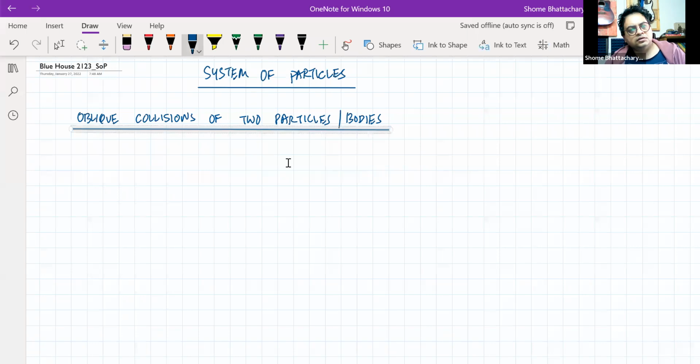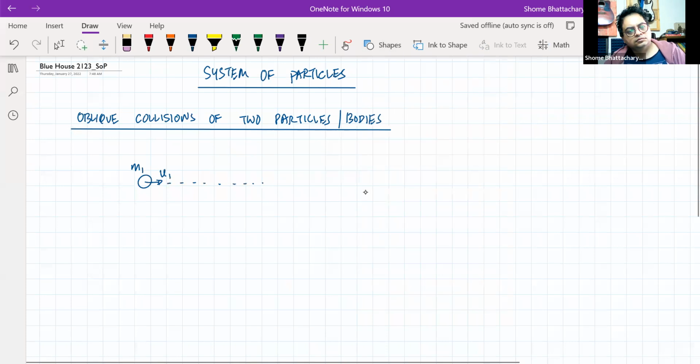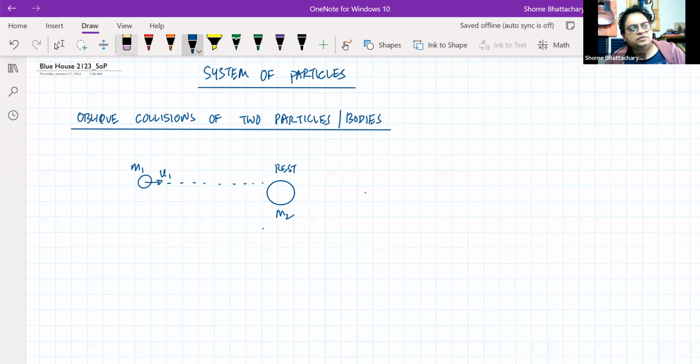In general, suppose we have this situation: this one is coming in at some velocity v0 and it hits another body m2 which is at rest.